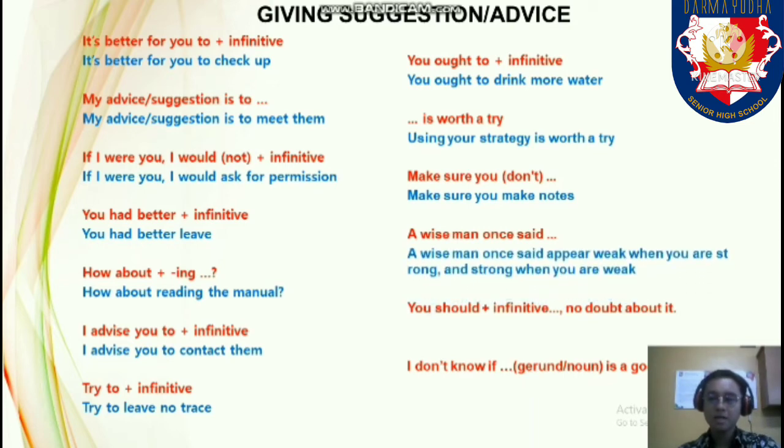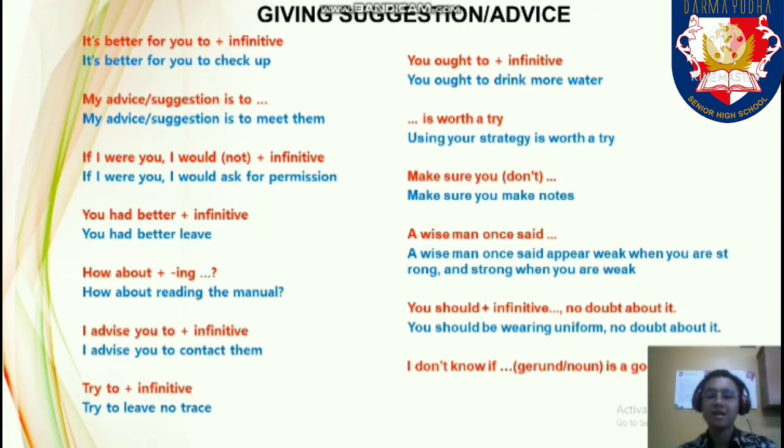A wise man once said, appear weak when you are strong and strong when you are weak. Okay, and then the next one, you should plus infinitive, no doubt about it. For example, you should be wearing uniform, no doubt about it.